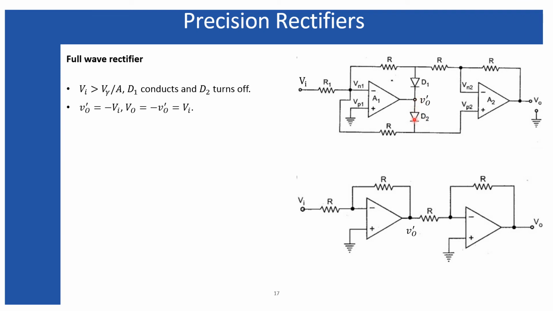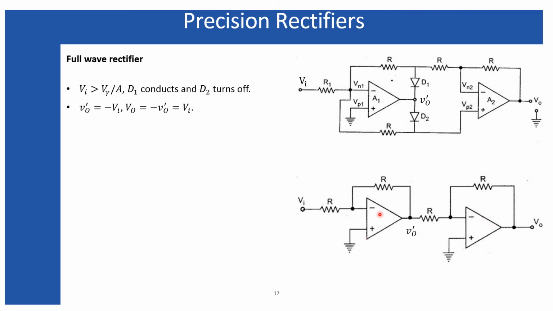And during that part of the input voltage, the equivalent circuit can be drawn as shown over here. Since diode D2 is turned off, so this part is not connected, and since this diode D1 is turned on, so this feedback path will be established, and these will be considered as another inverting configuration.